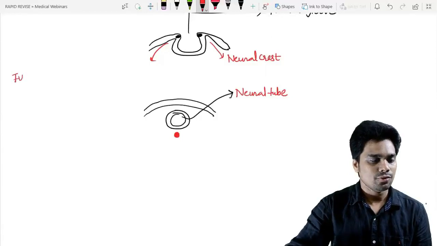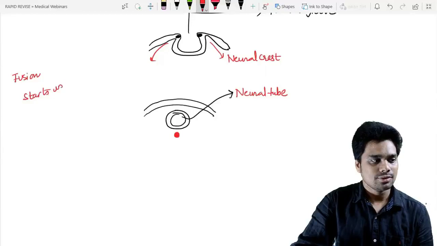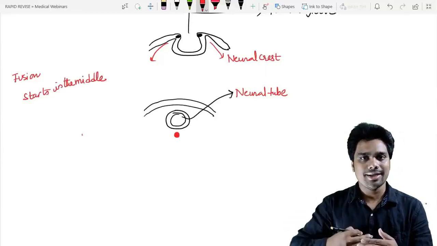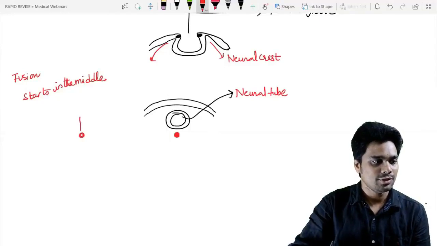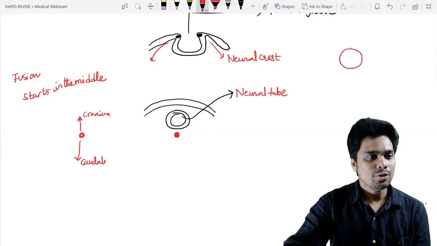This neural tube fusion starts in the middle and moves in a cephalocaudal direction. So if this is the middle of the tube, it moves from the middle to both the cranial side and the caudal side.